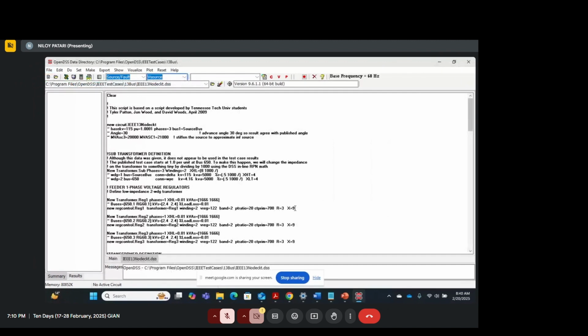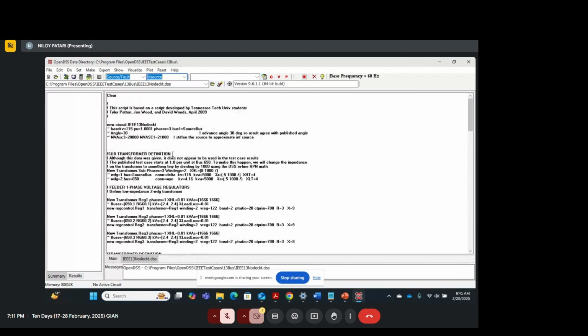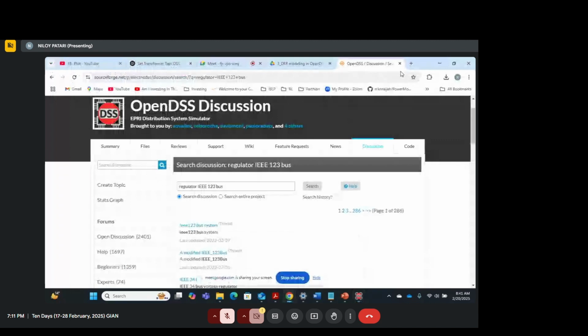it opens up like this, right? Now I'll go through the code for a bit and try to explain what each of these things means. To understand this whole code, this code has to match up with the basic IEEE 13 node system.